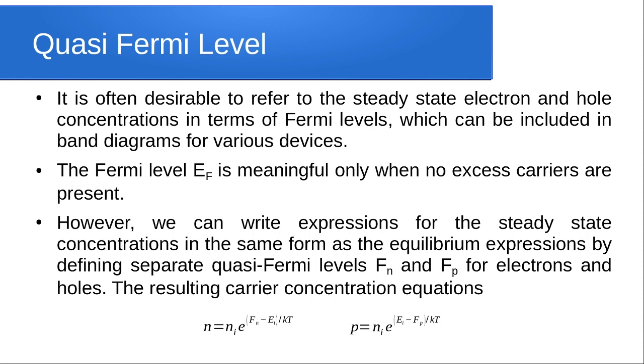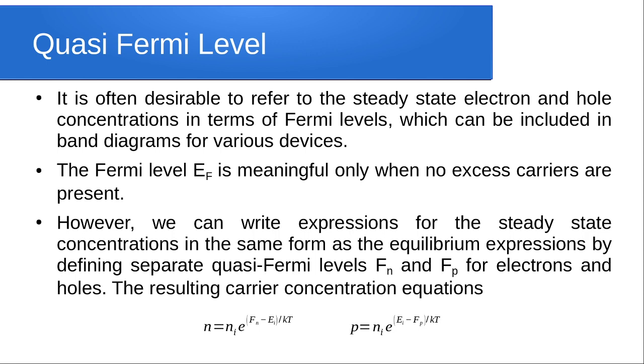Now, since there will be excess carriers, we need to introduce a Quasi Fermi level. In order to continue the same pattern of analysis, we are introducing two Quasi Fermi levels, Fn and Fp.